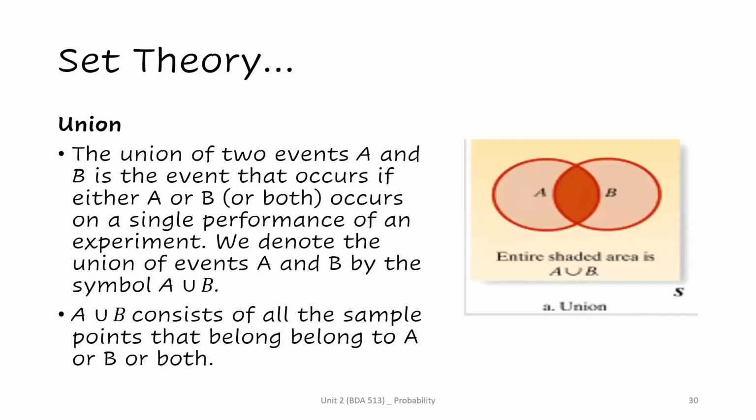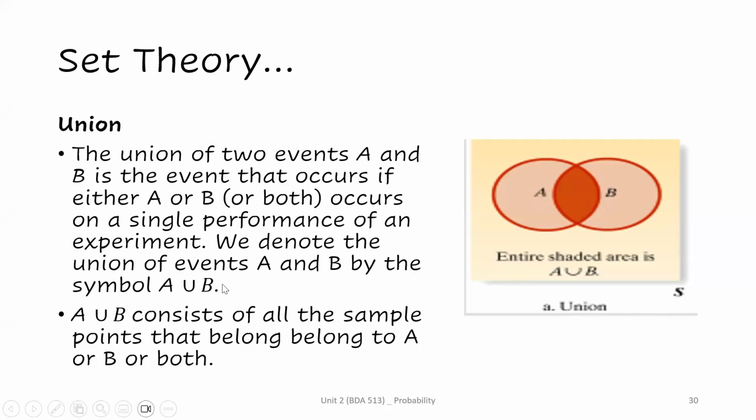Okay, so let's say we have an area A, and then we have B. If we are looking at a situation where A and B, or both of them, occur in a single experiment, then it is denoted by A union B. The U that you see here is union.